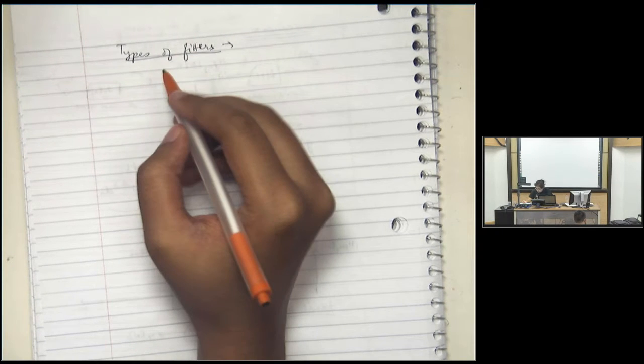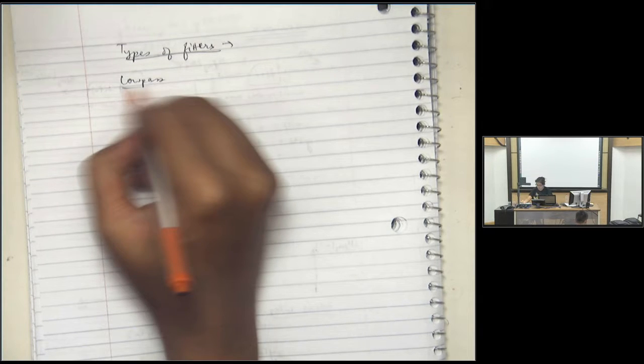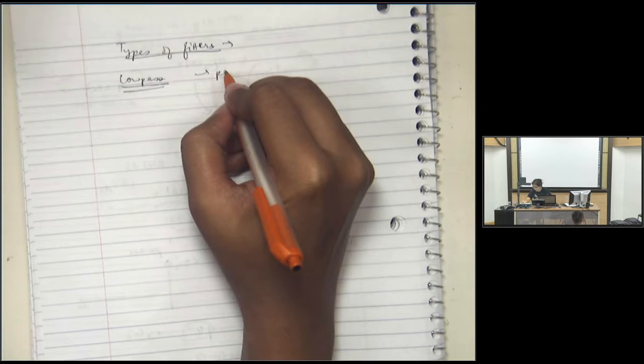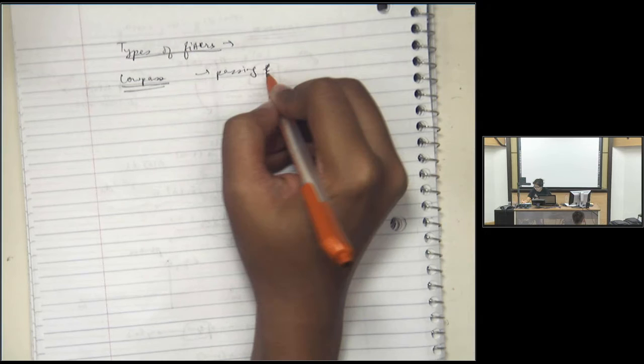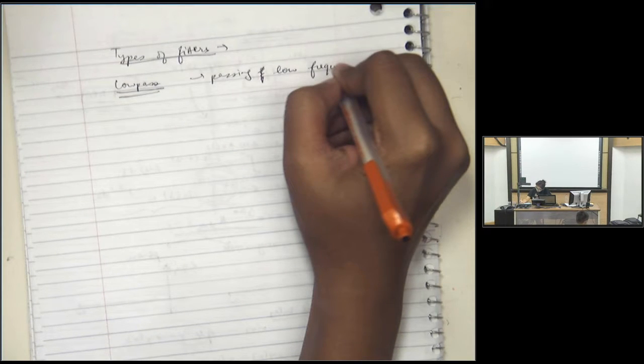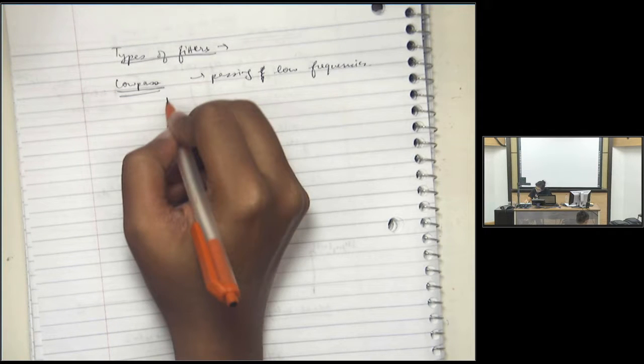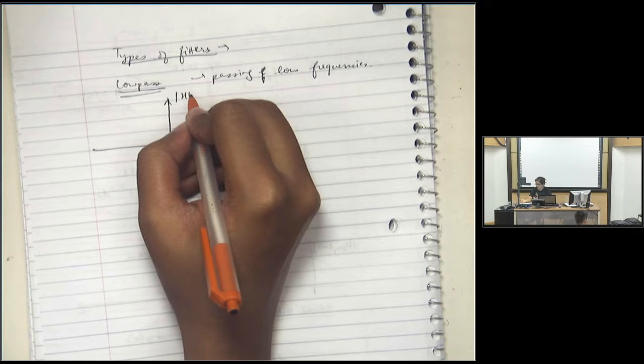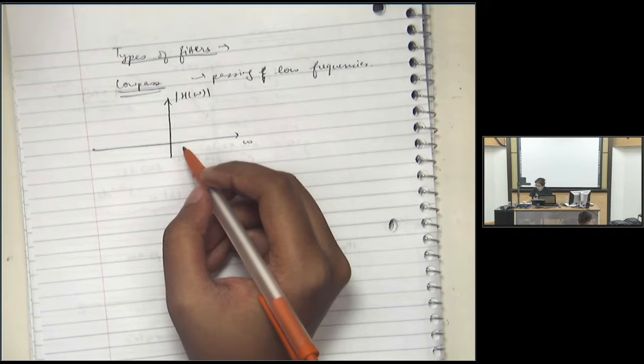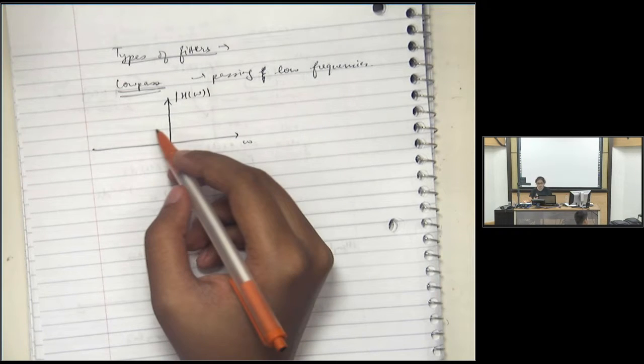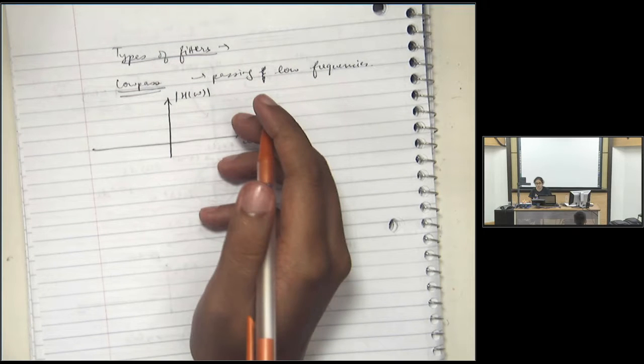So when I say low pass, for example, what do you think it is? What is it passing? Low frequencies. Correct. So it's passing low frequencies. So if I have a magnitude response like this, let's say omega, and let's say it's mod of H of omega, what sort of a magnitude response would I have if it's passing low frequencies?